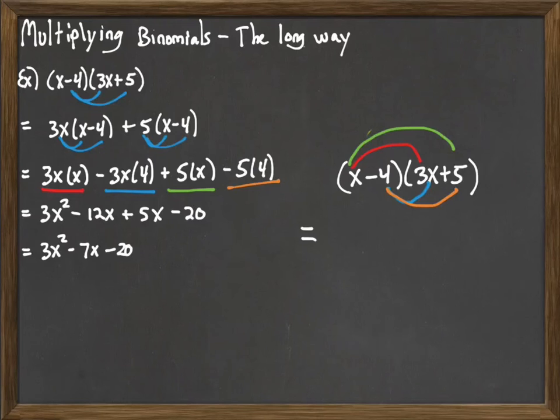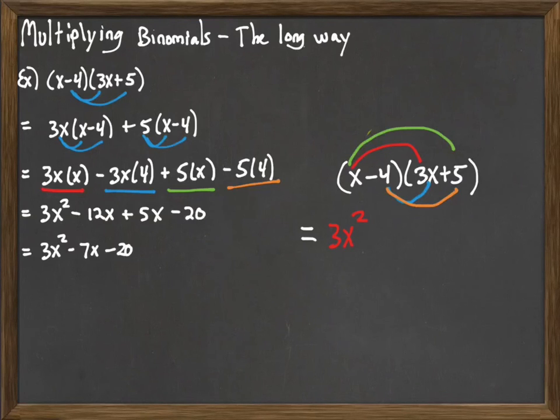And so here's what I want you to see. Don't worry about any fancy algorithms or fancy procedures. All we're going to do is take everything in the first little polynomial here times everything in the second one. And so notice that there's just a line drawn from each thing in the first one to each thing in the second one. And then we just multiply those out. X times 3x is where I got my 3x squared from.